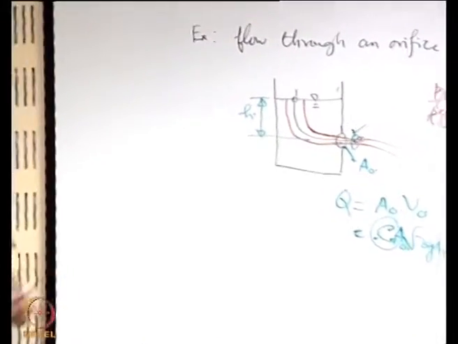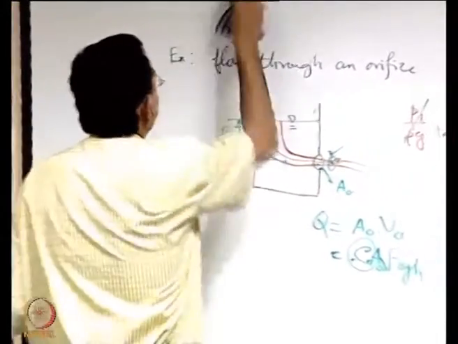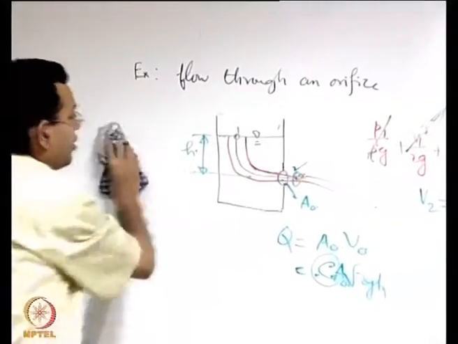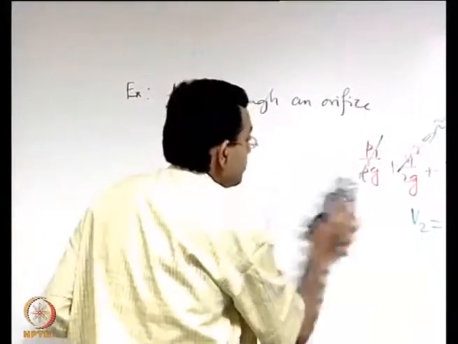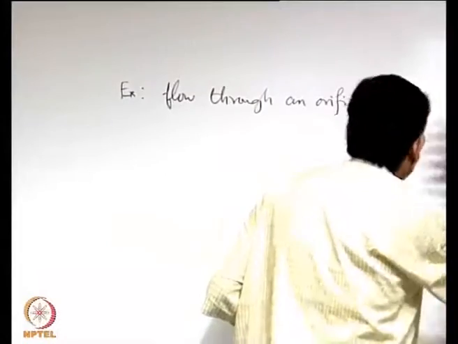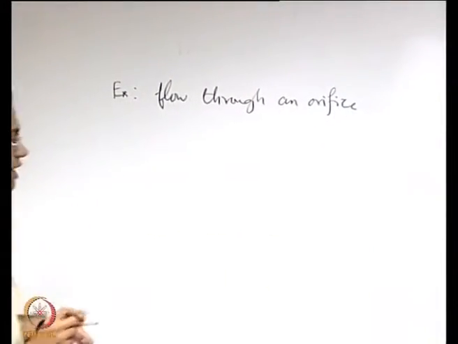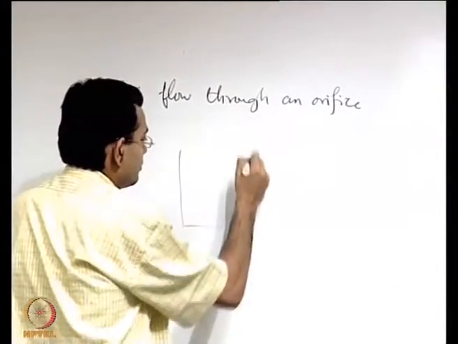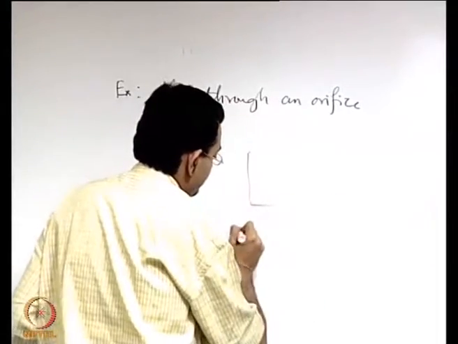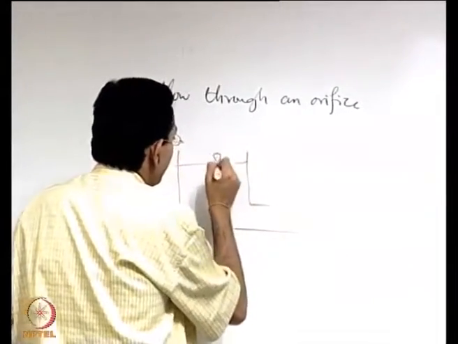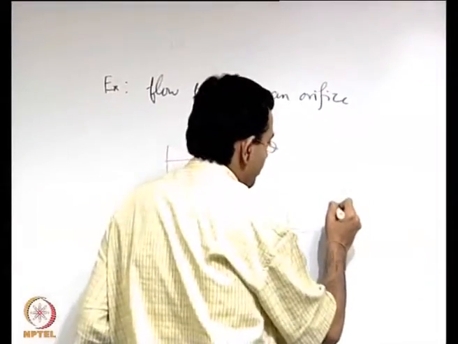Now finally we will come to one example where we show the use of an unsteady Bernoulli's equation for a practical device. So let us consider a similar arrangement, like a tank with a pipeline. In this pipeline there is a valve.